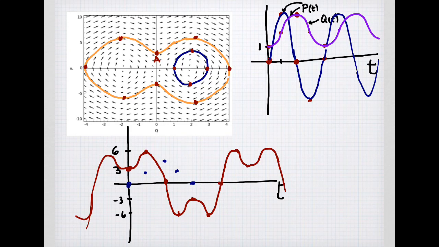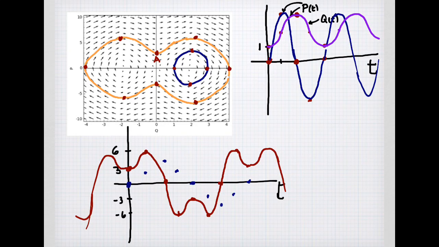And now I get to go the other direction. So I go -2 to -4 to -2. No, to -2 to 0.